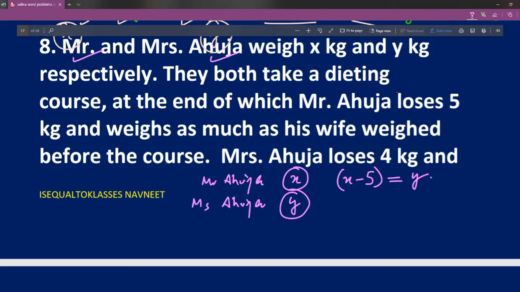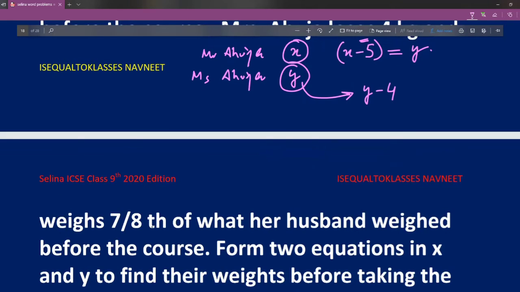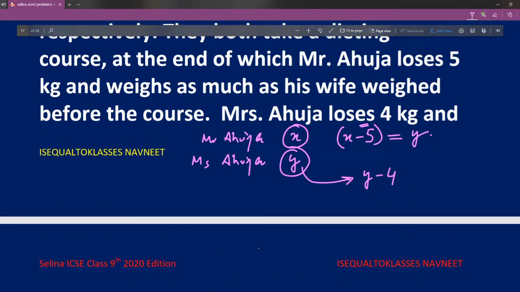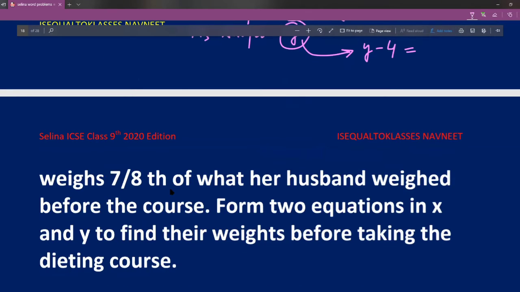I hope it is clear. Mrs. Ahuja loses 4 kg. After the course Mrs. Ahuja weighs y minus 4 because she has lost 4 kg, and weighs 7/8 of what her husband weighed before the course. So y minus 4 would be equal to what? 7/8 of what her husband weighed before the course.